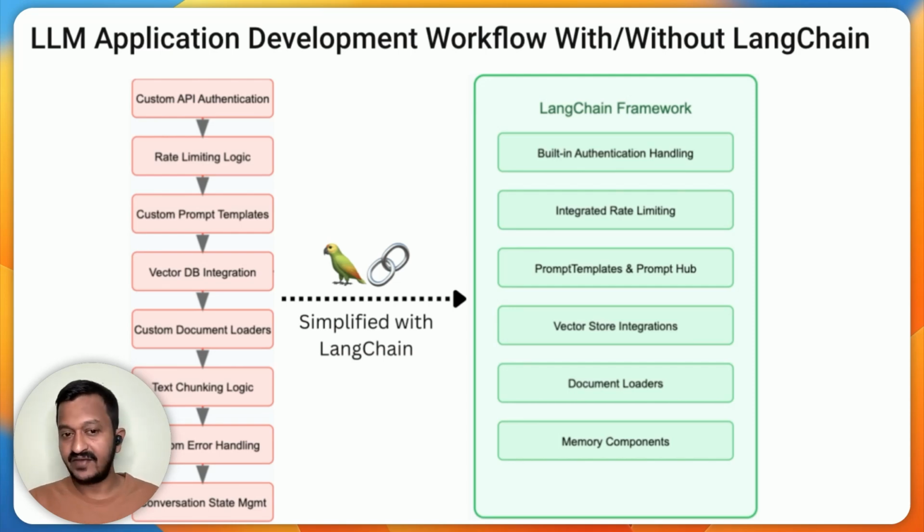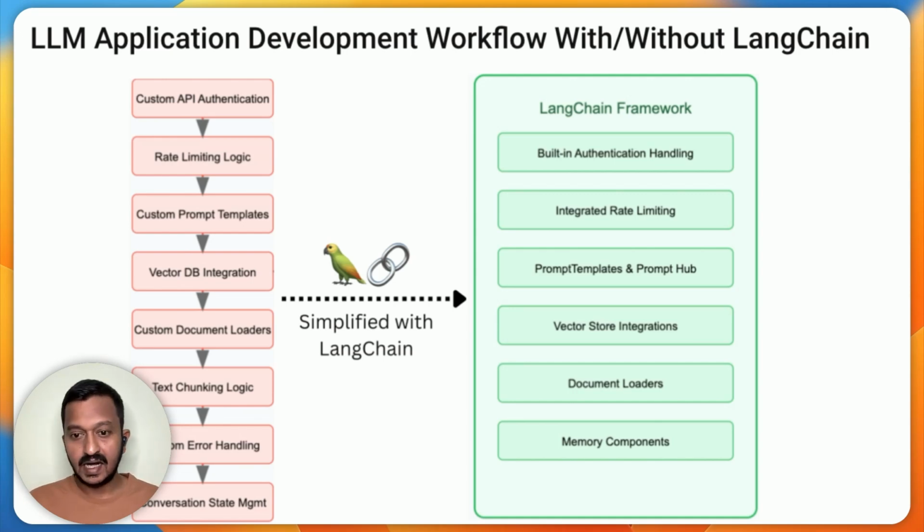As you can see on the left-hand side, right? Your developers have to hard code everything. They have to write all the code even for simple things like custom API authentication, rate limiting logic, custom prompt templates. So all these things can be easily managed using LangChain, right? All these things are simplified with LangChain.